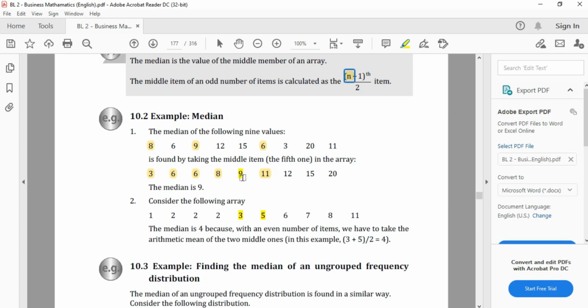So we were able to take it. But here we can't take it straight away because there's an imbalance. Then we should select the numbers that are creating that imbalance. It is 3 and 5. So you put 3 plus 5 divided by 2.